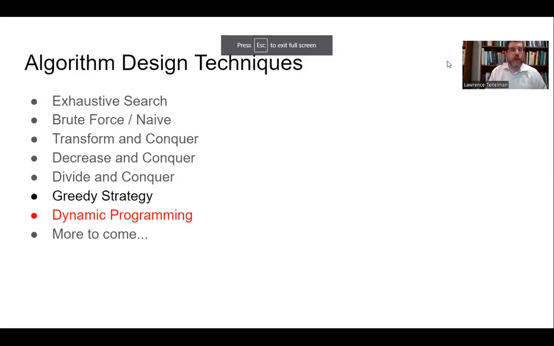Okay, so these are some of the strategies we've seen in this course so far. One of them that I may not have mentioned before is transform and conquer. So anyone know what transform and conquer means? It means you change the format of the problem and then you do it.